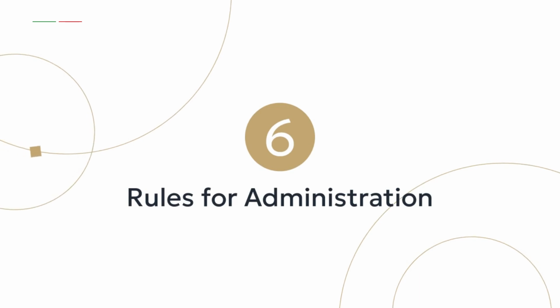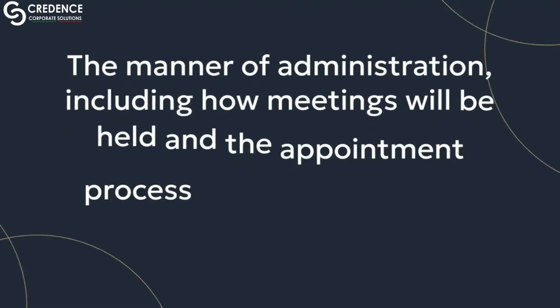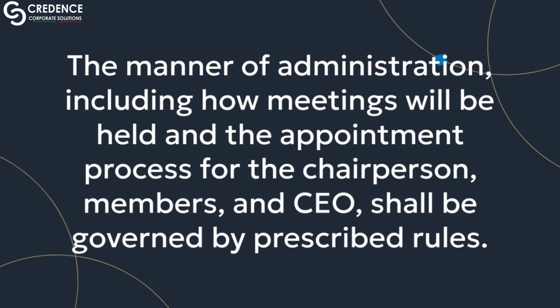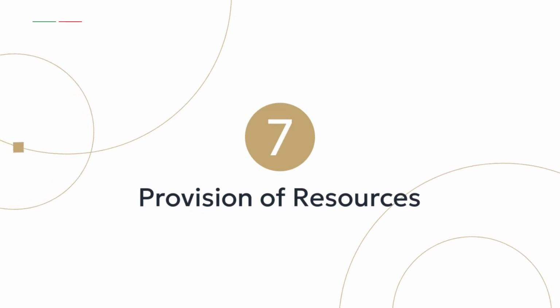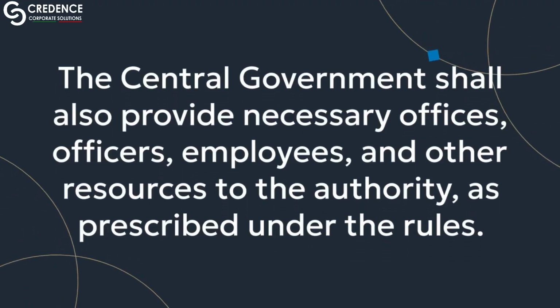6. Rules for administration. The manner of administration, including how meetings will be held and the appointment process for the chairperson, members, and CEO, shall be governed by prescribed rules. 7. Provision of resources. The central government shall also provide necessary offices, officers, employees, and other resources to the authority, as prescribed under the rules. 8.